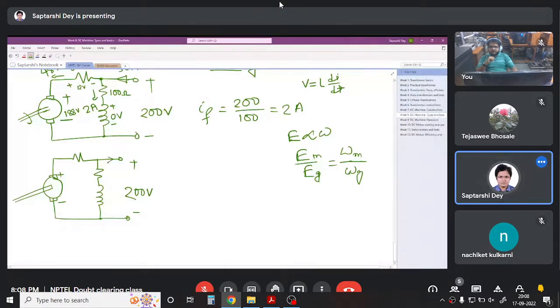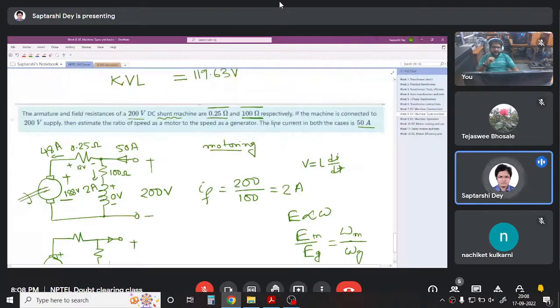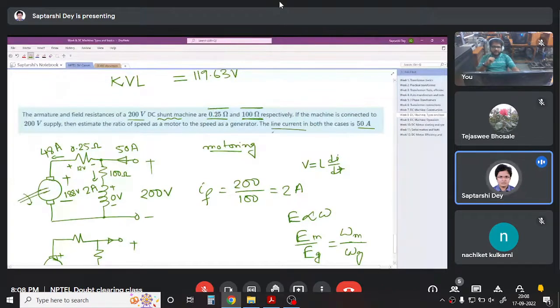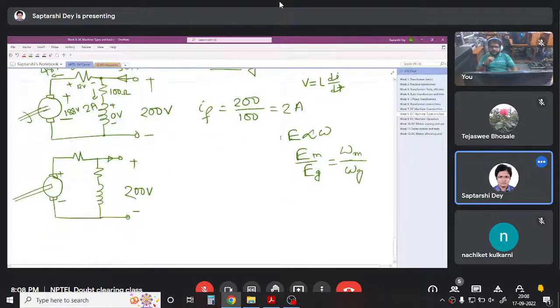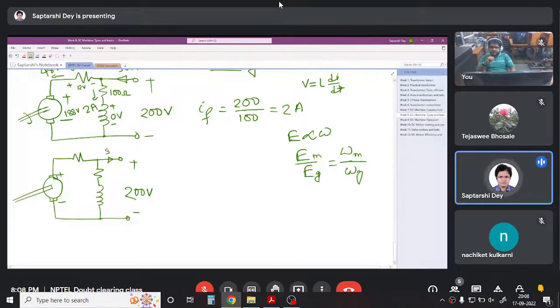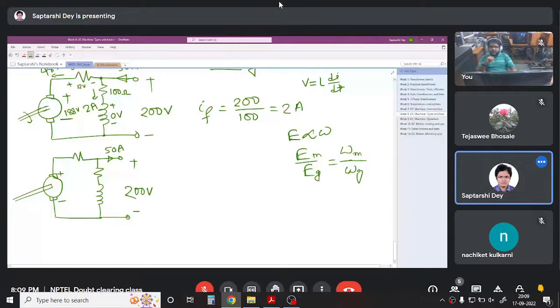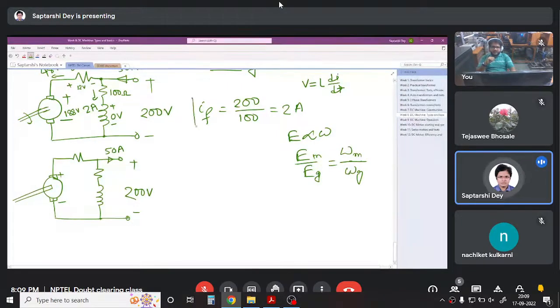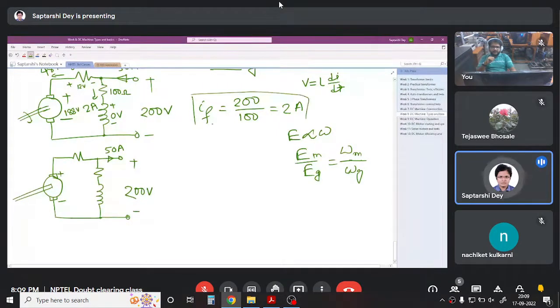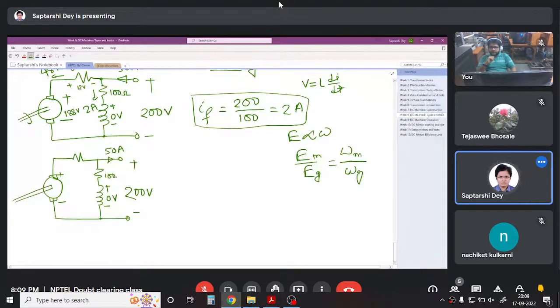And line current, it was given line current, right? Line current means whatever current you are getting or giving to the source. So this is still 50 ampere, and whatever discussions we had here, why the field current will be 2 ampere, they still hold, because this shunt branch is still having a voltage of 200 volt, and this inductor still has a voltage of 0 volt, and this is 100 ohm.